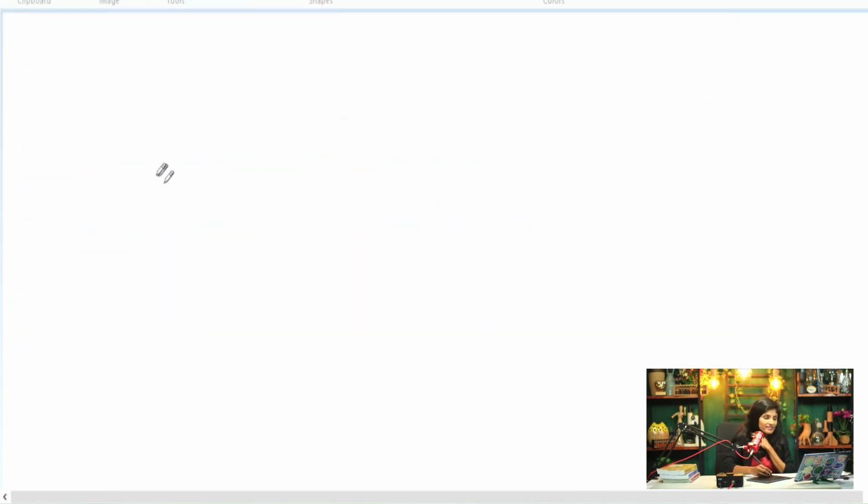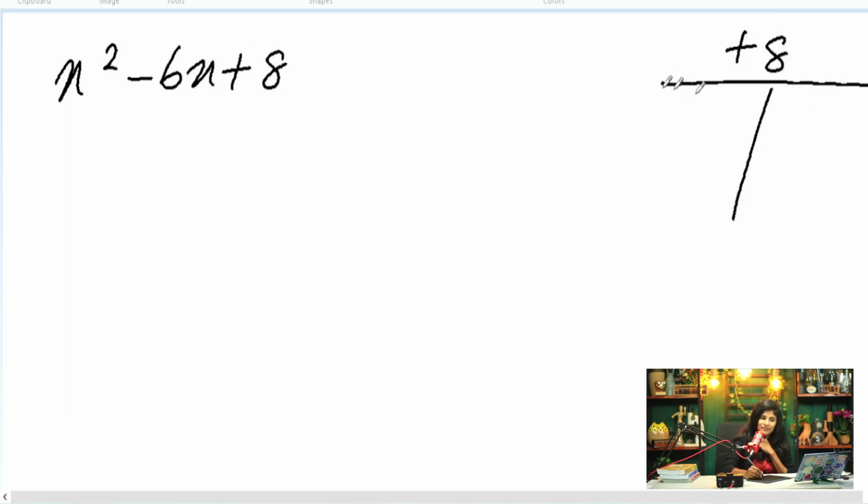So our next question is x square minus 6x plus 8. Okay, so I have to make positive 8. 2 times 4, 1 times 8. Yes, that's it. So I have to make the middle number negative 6. Then both numbers must be negative. So negative 2 and negative 4 will make negative 6, right?